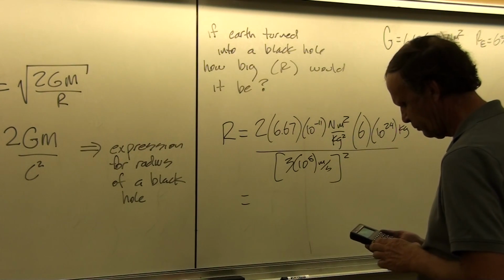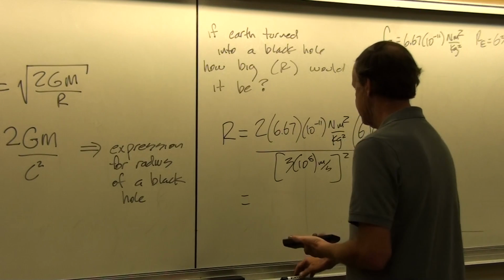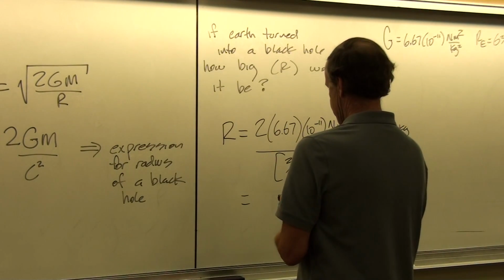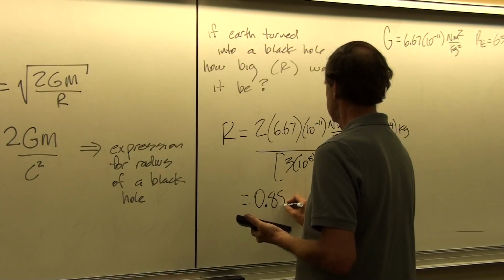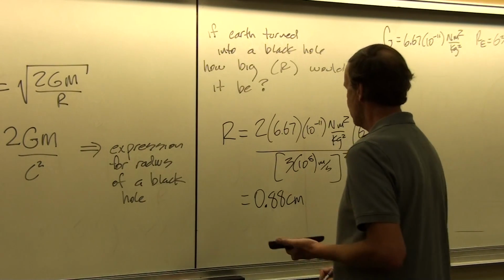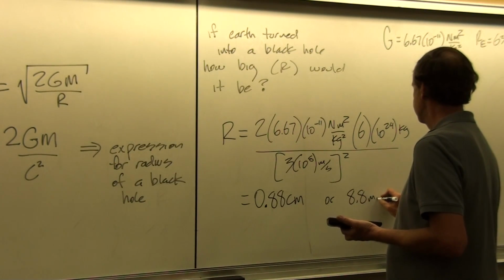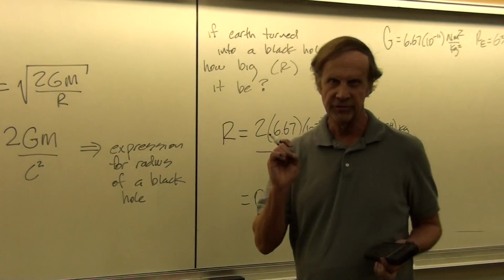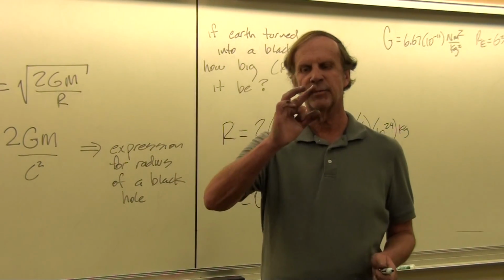That gives us 0.88 centimeters, or 8.8 millimeters. So if you smash the Earth down to the size of a black hole, it'd be smaller than a marble.